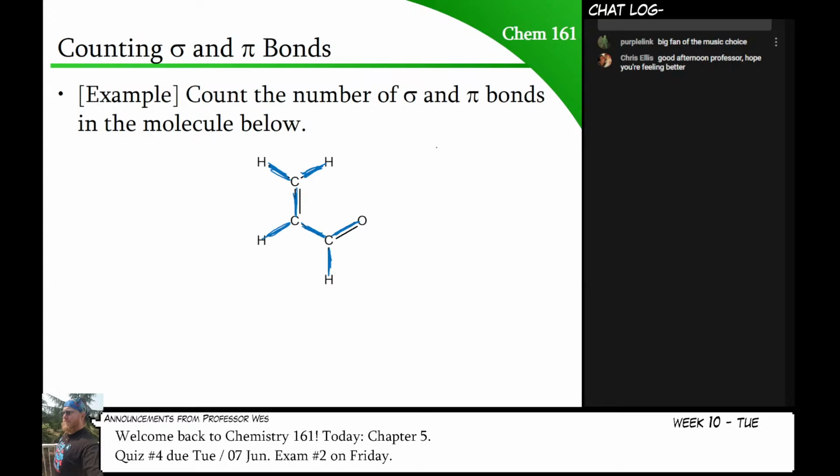I draw over the bonds, and I say, okay, how many did I overdraw? 7. So there we go. There are 7 sigma bonds, because the first bond is always sigma. And then I would pick some other color, and I'd fill in the remaining bonds. So I'd go 1, 2. And that must be how many sigma and pi bonds there are. You do this with any Lewis structure that you can draw.